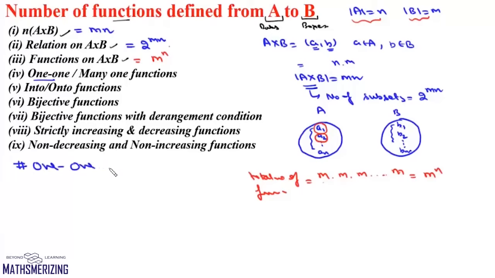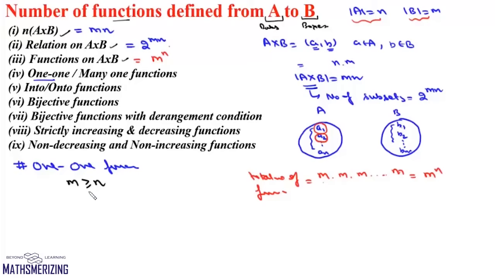Now for a function to be a one-one function, the value of m must be greater than or equal to n. Because if the value of m is less than n, then from PHP, which is the pigeonhole principle, we can say that at least two elements will have the same image. So if m is less than n, then the number of one-one functions will be 0. All the functions will be many-one functions.